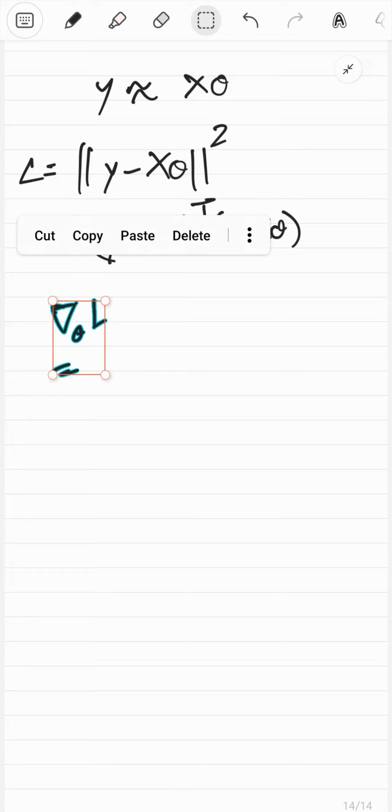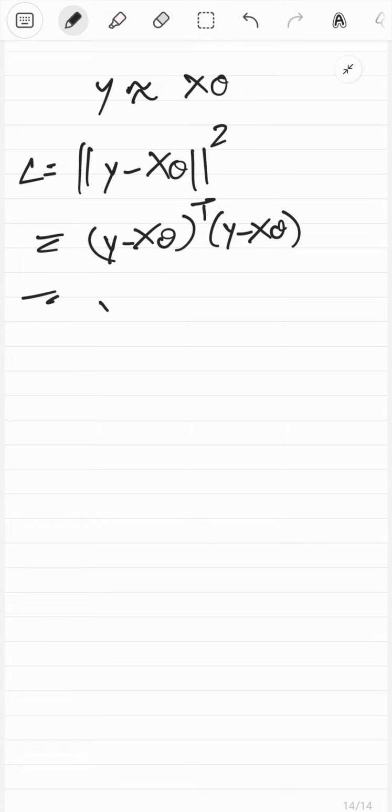First we should probably expand this whole thing. So this is y transpose y minus 2 y transpose x theta, and then plus theta transpose x transpose x theta. That's what L is.